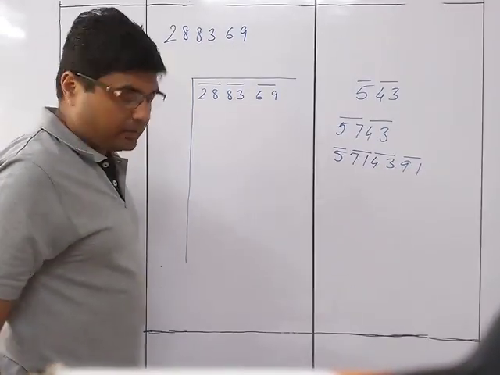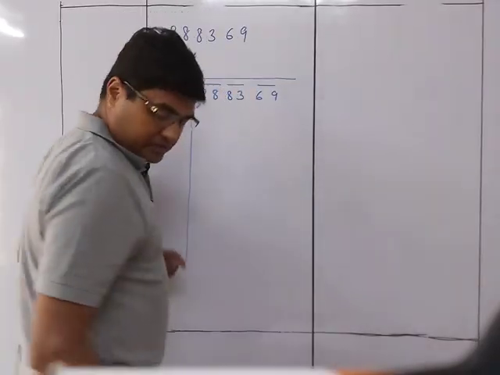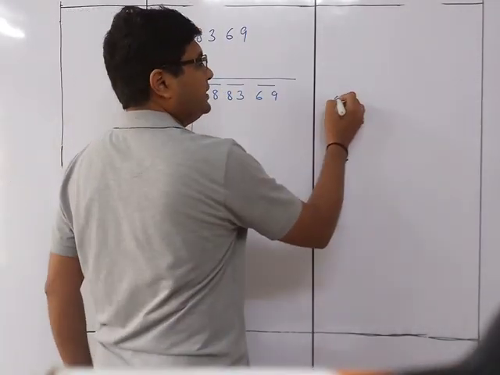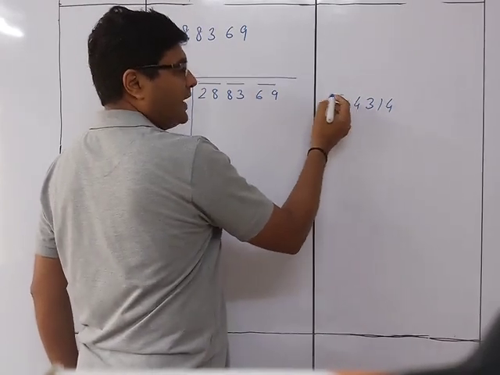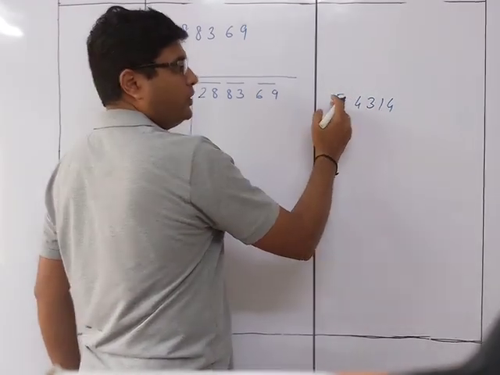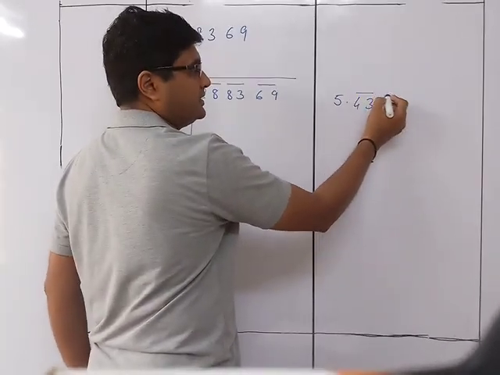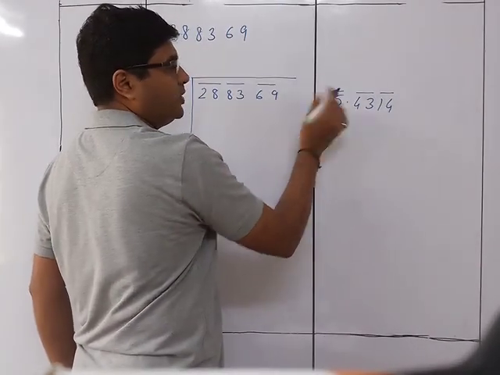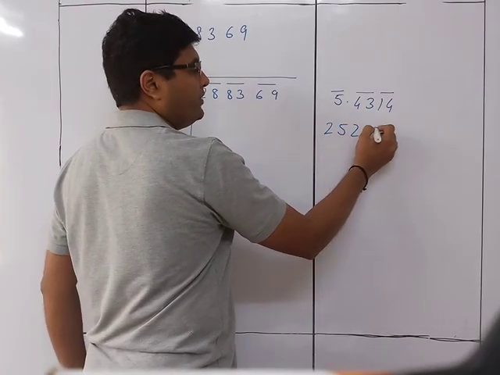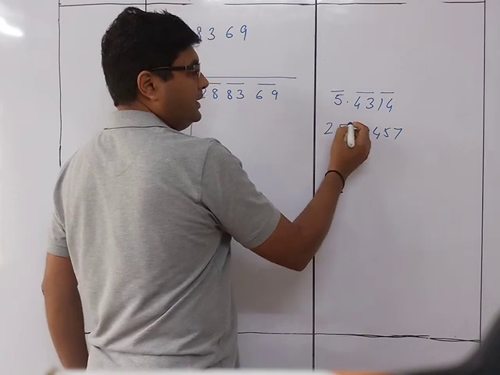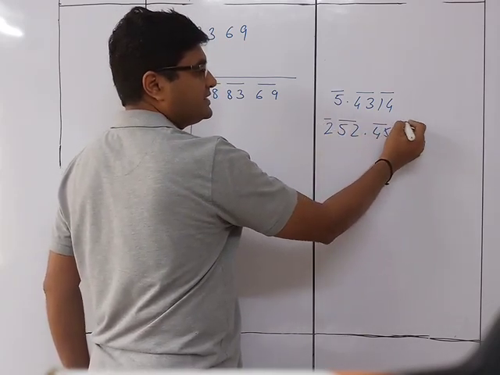The same thing for pairing applies if the numbers are in decimal points. For example, if the number is 5.4314, then from the decimal point you make pairs towards the right hand side. It will be like this and like this. If it is 252.457, then it will be these two and this as one pair, and this as a single number.